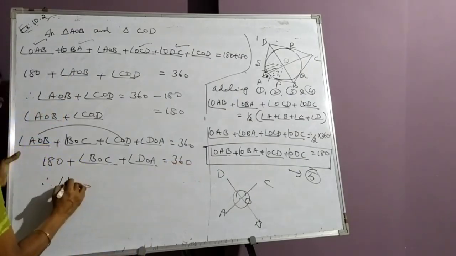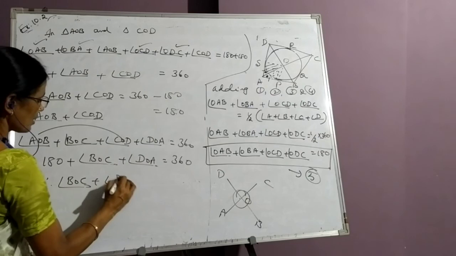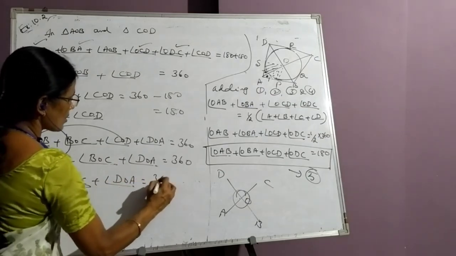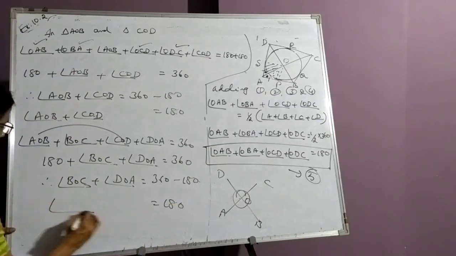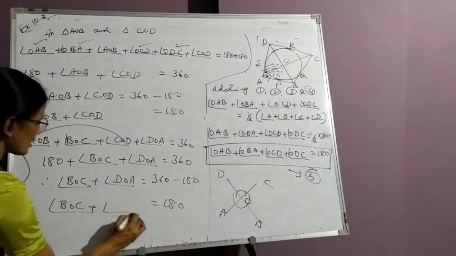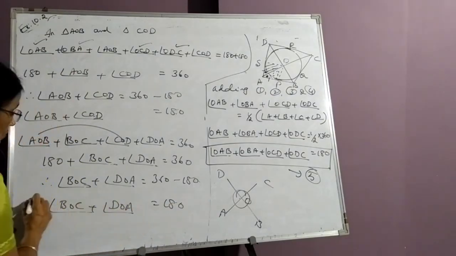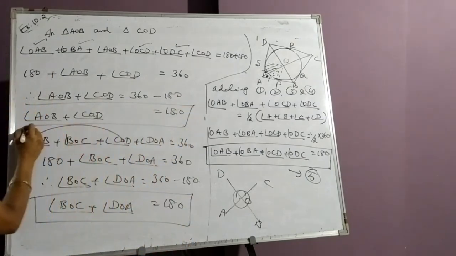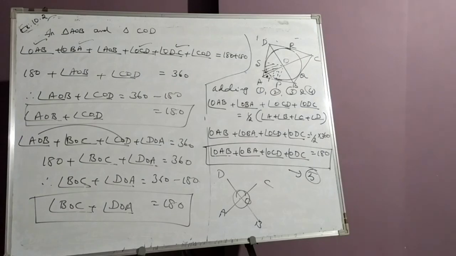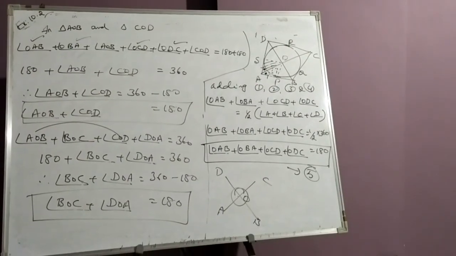Therefore, BOC plus DOA equals 360 minus 180, which is equal to 180. Therefore, angle BOC plus angle DOA is also equal to 180 degrees. These are the required results: AOB plus COD is equal to 180 and angle BOC plus DOA is equal to 180 degrees.